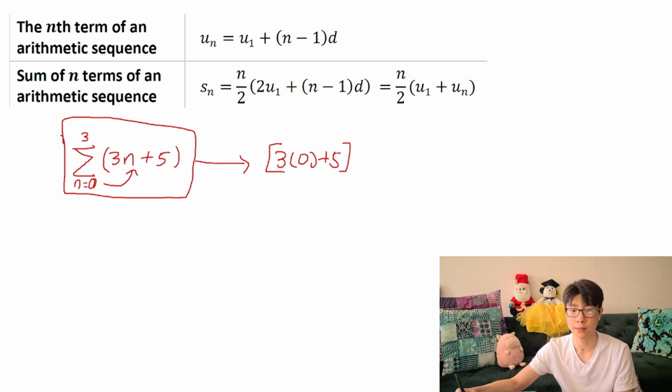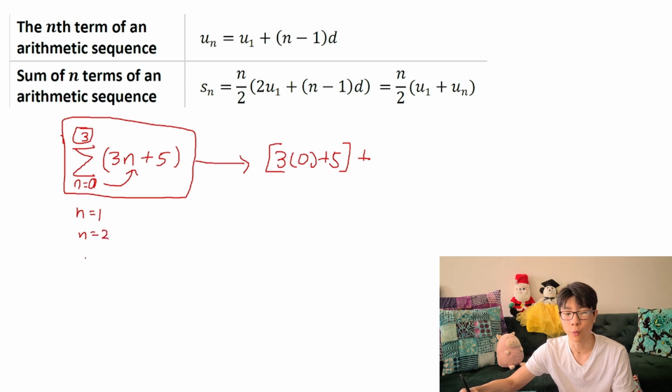And since sigma means the sum of, we're going to have a couple more terms, right? So this is where this number comes in. 3 means where we stop, the last n. And what I mean by that is n is going to increase by increments of one number, right? It's going to do this. And it's going to stop at n equals 3, okay? This is not going to show up.